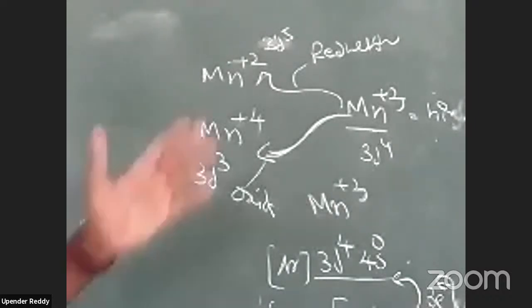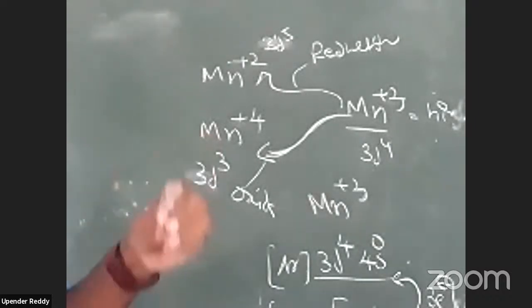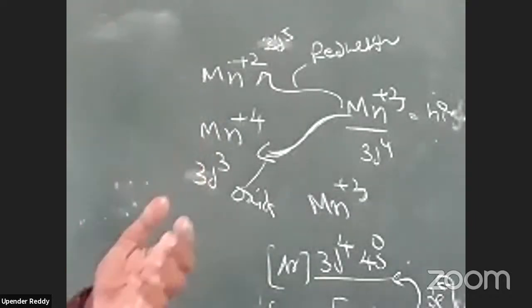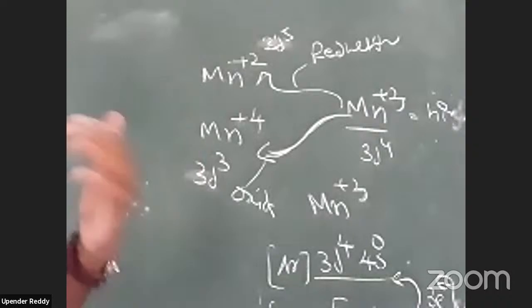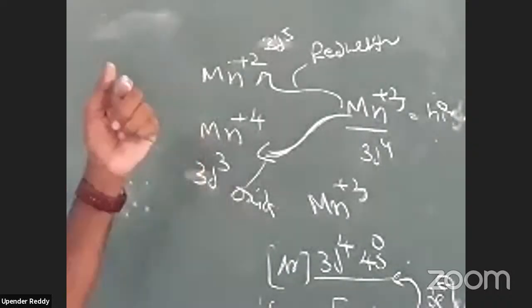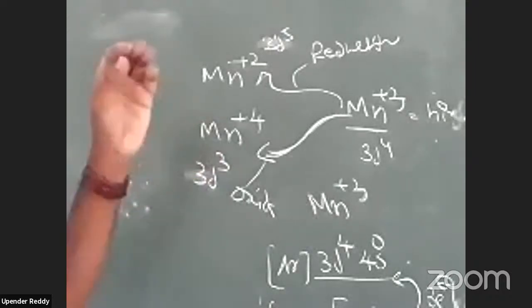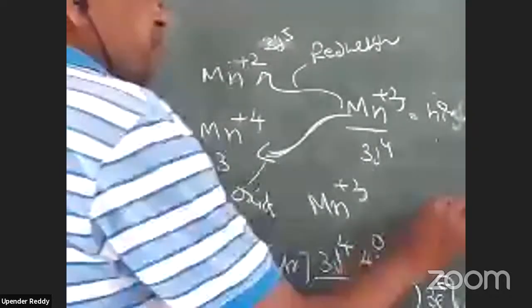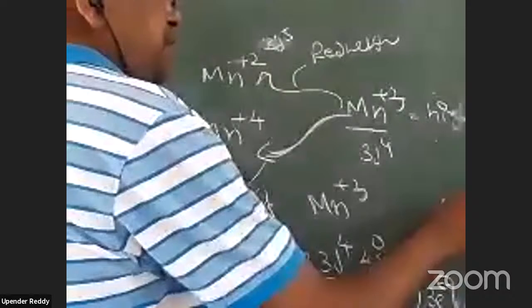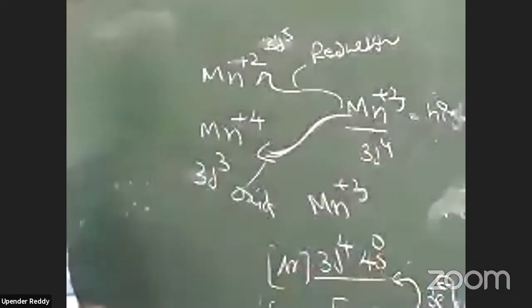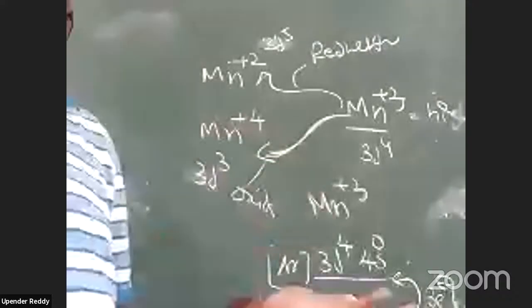So Mn plus 3 compounds, whenever you have them, undergo oxidation as well as reduction based on the nature of the compounds. Similarly, Mn plus 5 and Mn plus 7 undergo oxidation and reduction to give Mn plus 4 and Mn plus 2 in acidic and basic media.